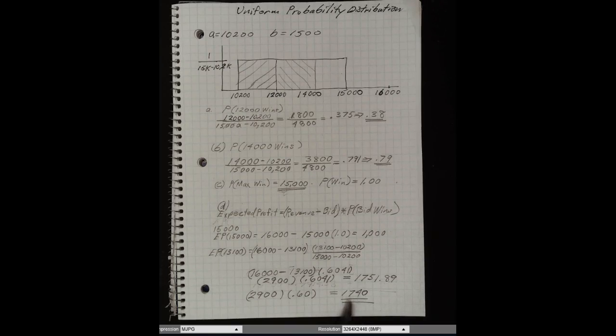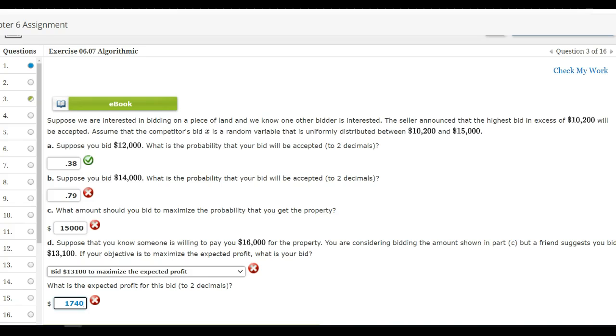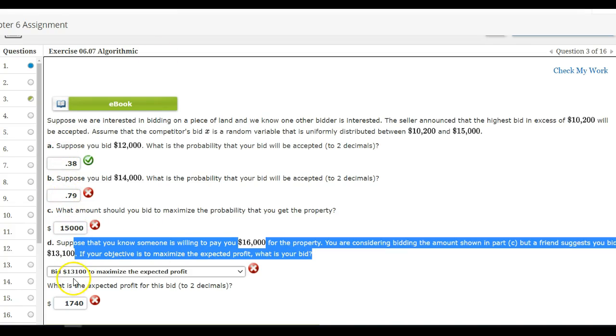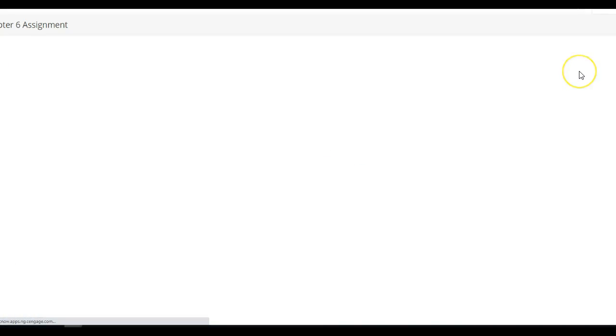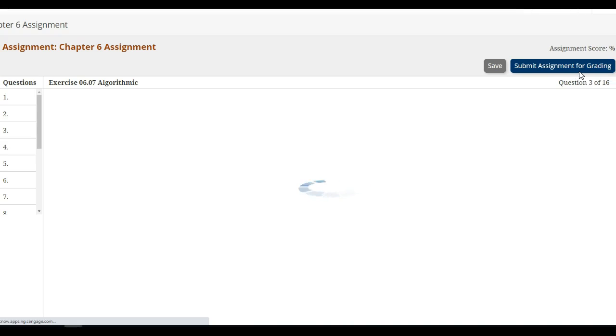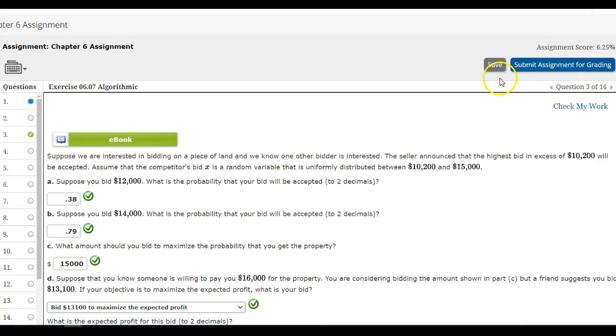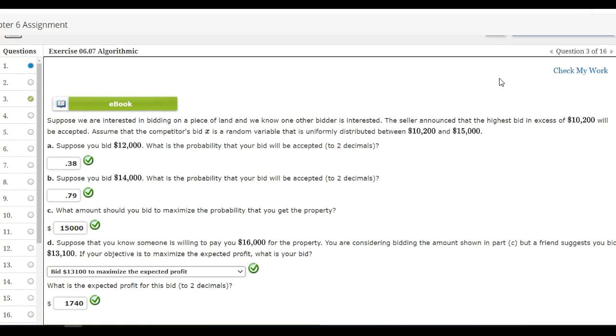And that is the answer that the computer will mark as being correct. So placing these answers in, disregard these check marks, you'll see when I check my work, all these answers are marked correct.